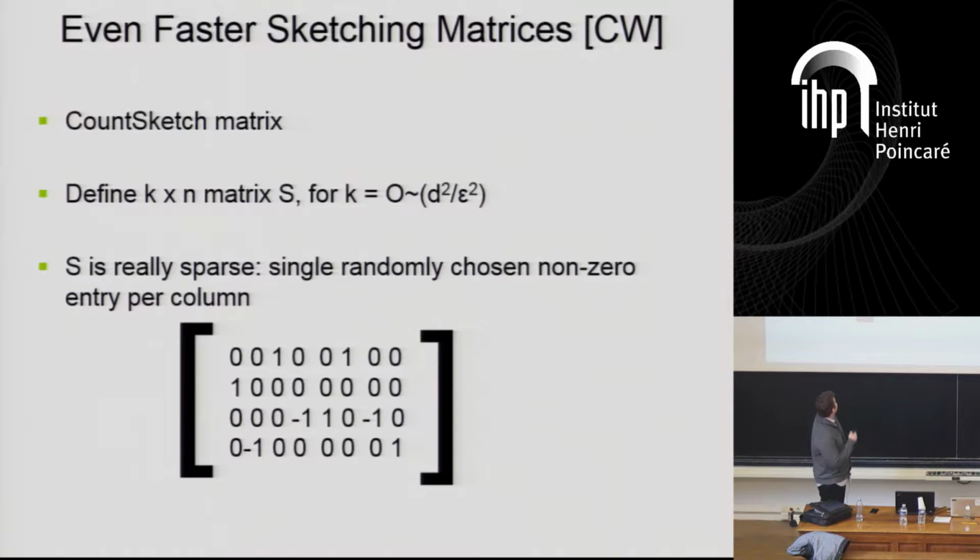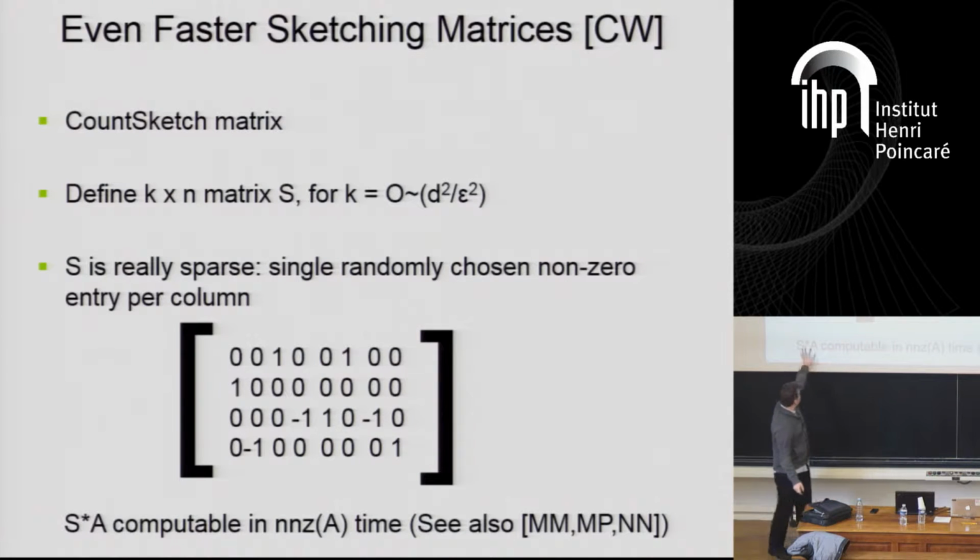But the nice thing about S is it's extremely sparse. Here's a picture of S. It just has a single non-zero entry in each column. This entry is chosen in a uniformly random position, and the entry is 1 with probability 1/2 and -1 with probability 1/2, independent across the columns.